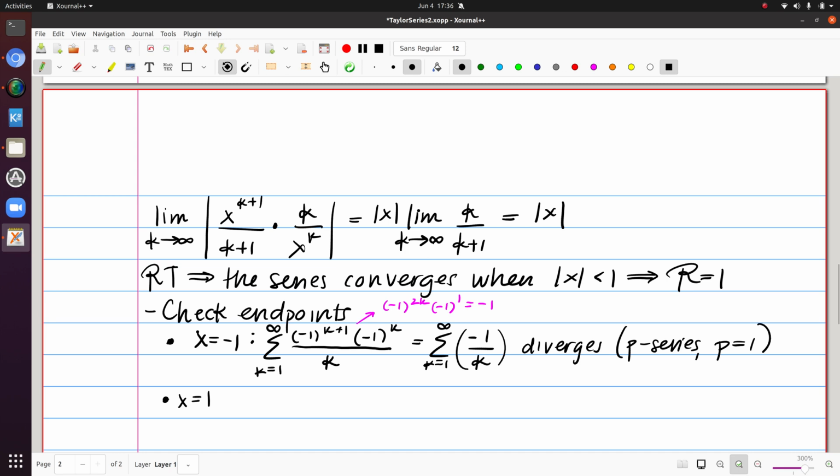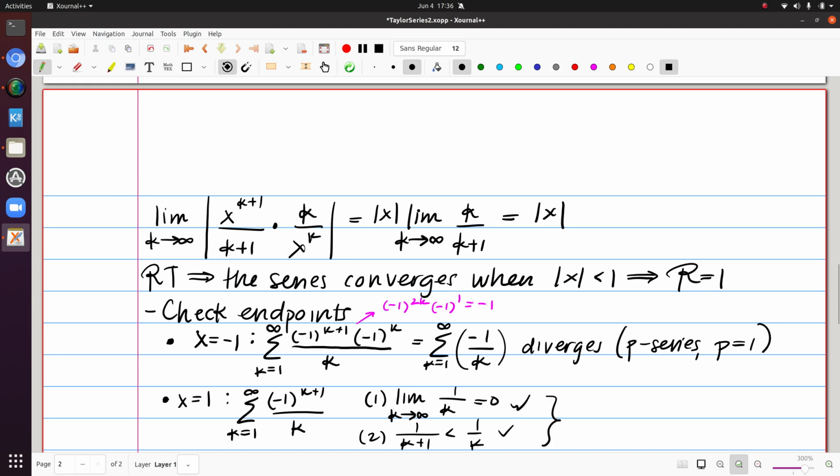If I plug in 1, then the x to the k part just becomes 1, and we're left with this series, which is alternating. So we can check our alternating series test conditions. 1 over k goes to 0, that's true. And 1 over k plus 1 is less than 1 over k.